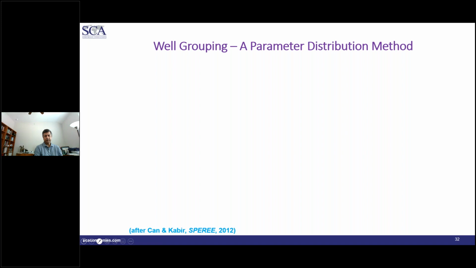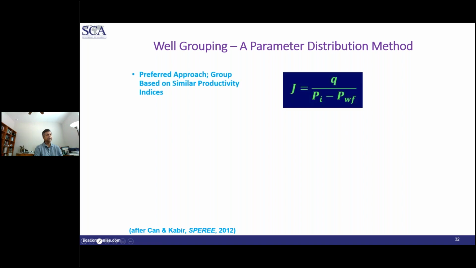Okay, so let's go back to well grouping. How do you do that? Ideally, what we said is that the way we can do the well grouping is to use the productivity index, rate over delta P, where P initial is the initial pressure and this is the flowing bottom pressure, which is changing at every time step.